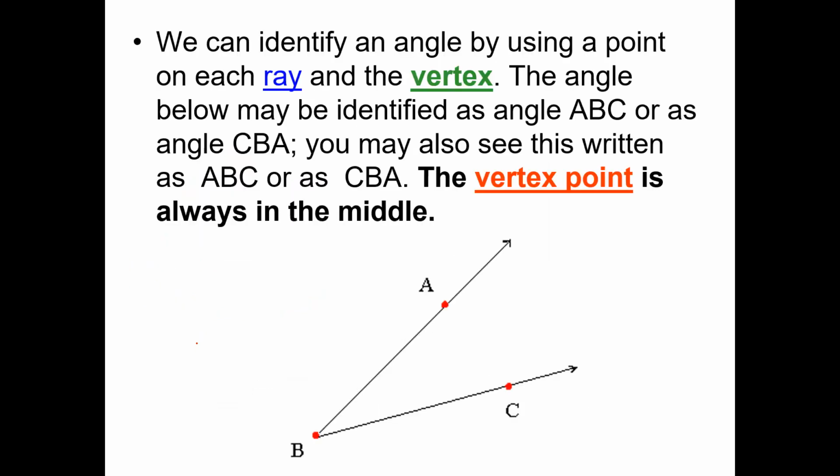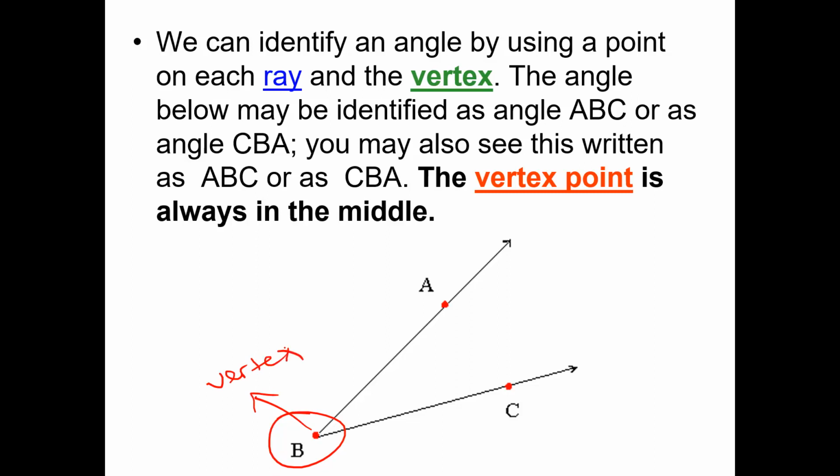We can identify an angle by using a point on each ray and the vertex. The angle below may be identified as angle ABC or as angle CBA. You may also see it written as ABC or CBA. As you can see, we have two rays that share the same beginning point, and that point is B in this angle. This is what we call the vertex.